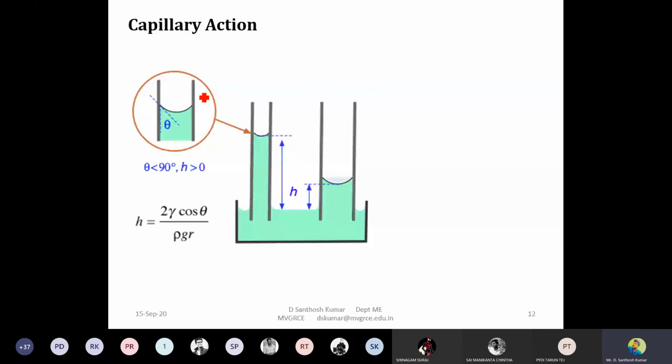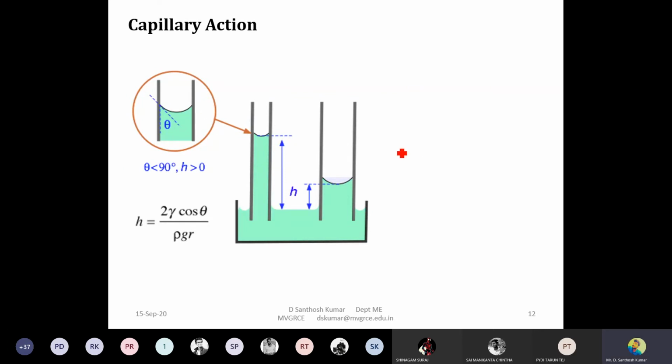Because of the surface energy involved, which you clearly learned in the previous slide, if you have any kind of discontinuities, the liquid will simply spread over.